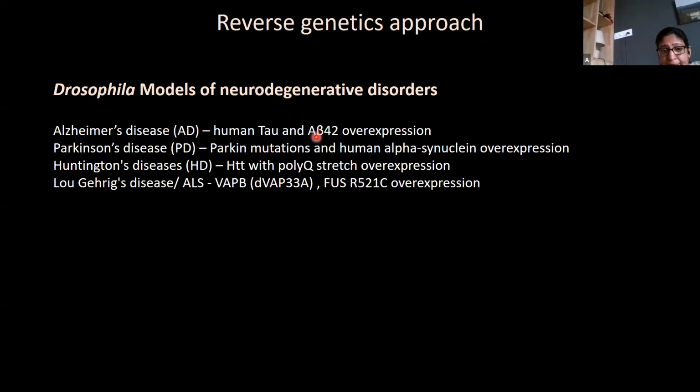For Parkinson's, of course, there is the Parkin mutant, but apart from that, there is a protein called alpha-synuclein, which you don't find in Drosophila but is there in humans and is implicated in Parkinson's. You can overexpress it in Drosophila, and it gives you similar pathological phenotypes to those you see in humans.